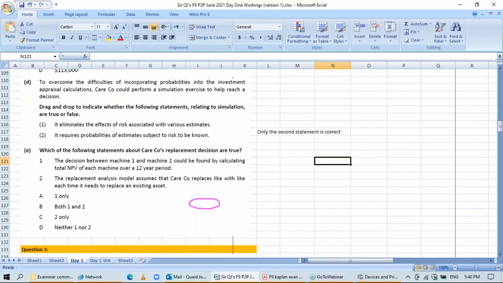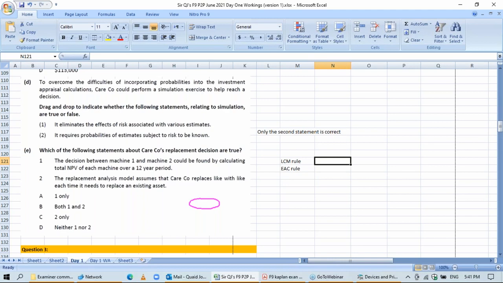The least common multiple rule, LCM, and the EAC rule. EAC rule we have studied, and the LCM rule involves calculating NPV for the LCM of the years, least common multiple of the years.